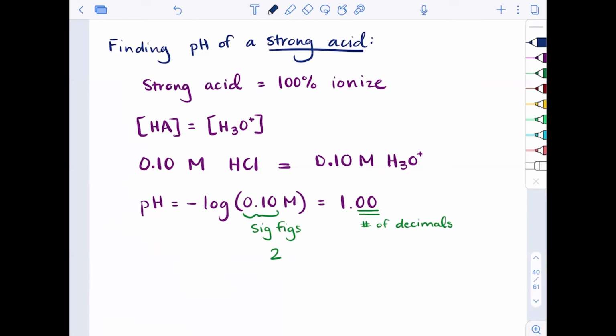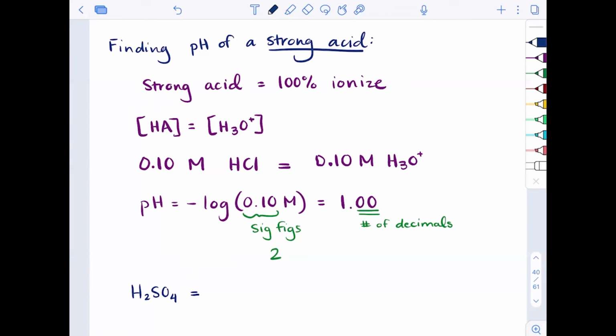The only one of our strong acids to be really, really careful of is H2SO4. H2SO4 is important because the first ionization is the most significant, but the second ionization cannot technically be ignored, all right?